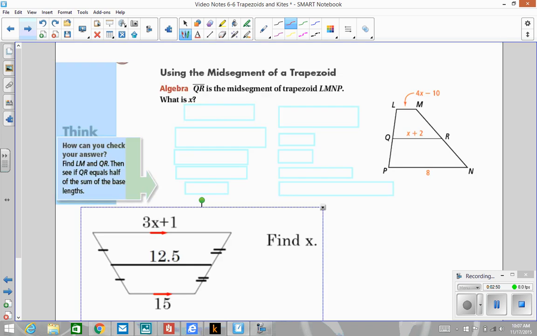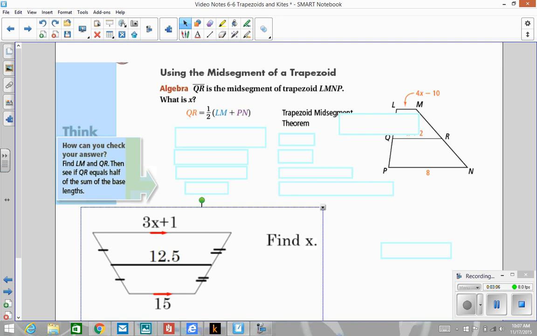Okay, and so here we have a trapezoid, and it says QR is a mid-segment, and we know that the mid-segment is equal to 1/2 the sum of the bases. Remember, it's an average, and so we know that QR is equal to 1/2 of the sum of the lengths of the bases. So when we substitute our information in here, we can simplify.